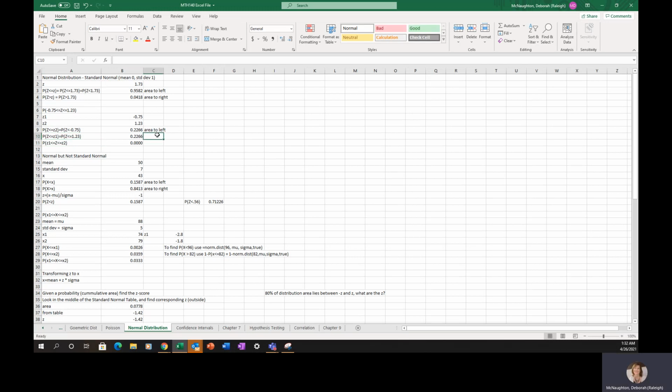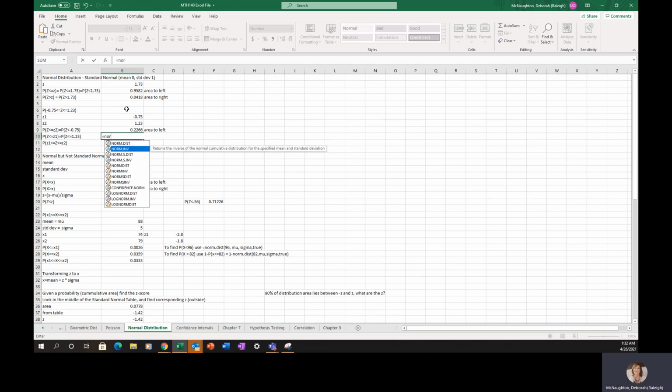Again, this is also the area to the left. So for this one, I'm going to go equals norm.s.dist. Again, I move my arrow down and then hit the tab. Here's 1.23, comma, true.